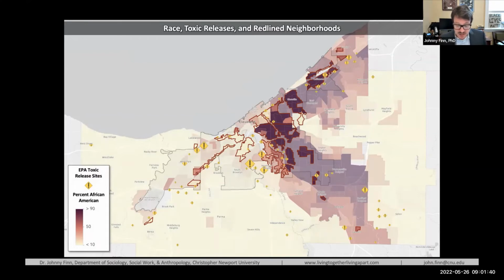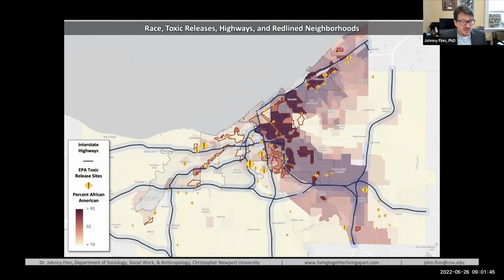You can add on interstate highways. Study after study after study, including a very recent study in the Vanderbilt Law Review just published last year in 2021, traces how interstate highways were intentionally built through majority Black and majority non-white, frequently formerly redlined neighborhoods.